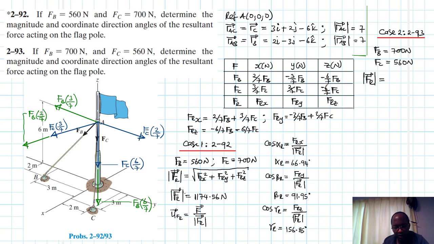This one will be the same value, 6 over 7 times 560, squared, square root of that. So this doesn't change, right? Why did I have to go through? Okay, so this is the same value, 1174.56 newtons.